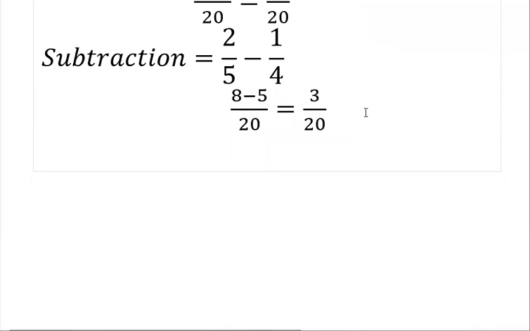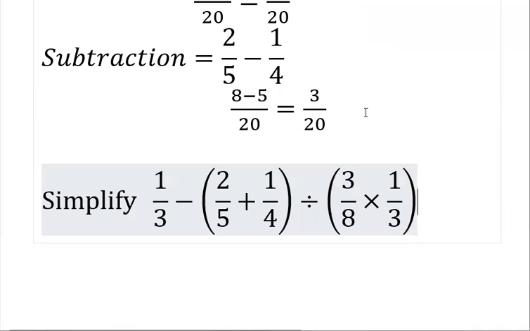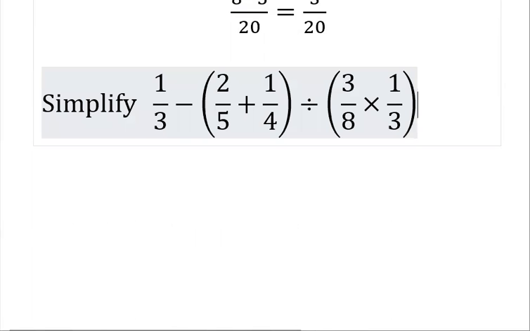Having explained one or two reasons on how we apply the principle of BODMAS, let's quickly solve this question. Now, we are going to apply the principle that we just explained. We have to simplify 1 over 3 minus open bracket 2 over 5 plus 1 over 4 close bracket divided by open bracket 3 over 8 multiplied by 1 over 3, close bracket.